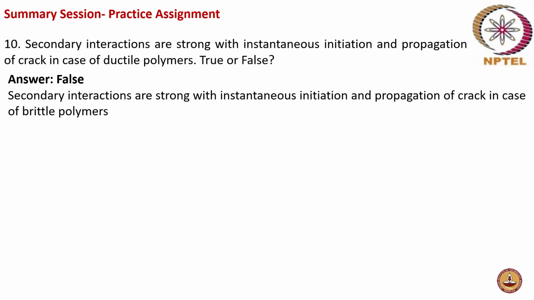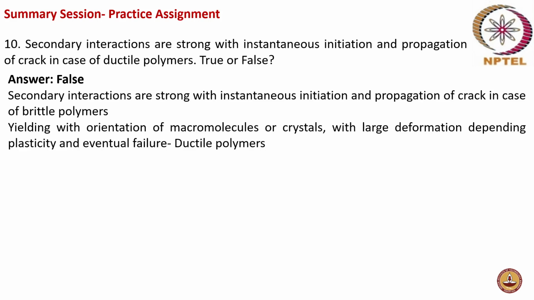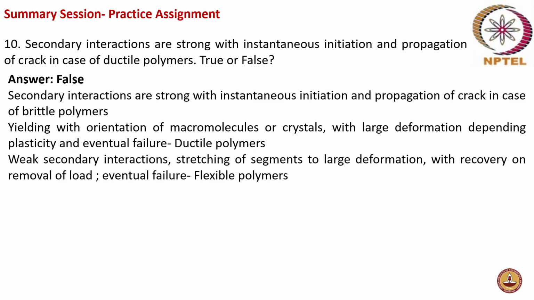Whereas in case of ductile polymers, there is yielding, that is, an orientation of macromolecules or crystals with large deformation depending on the plasticity, and there is an eventual failure also.